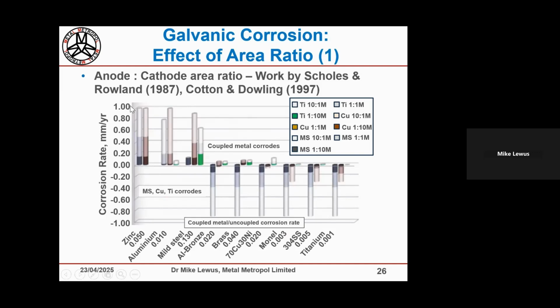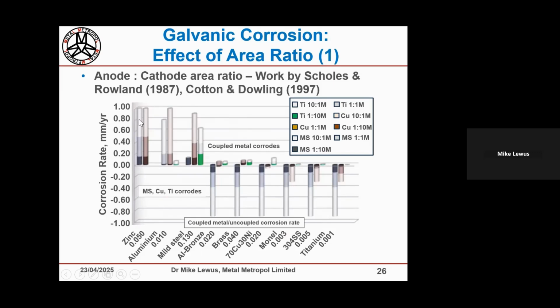There's a lot of data illustrated here, but I'll just highlight a couple of points. What we've essentially got is all these metals coupled against mild steel, copper, and titanium. So if we've got zinc against mild steel, we've got corrosion of the zinc represented by this bar here.